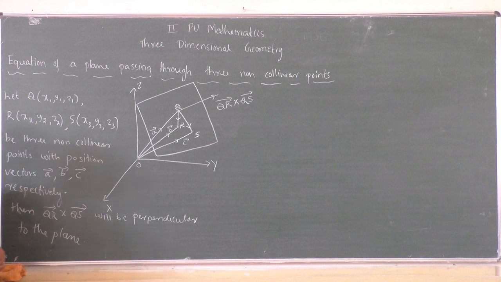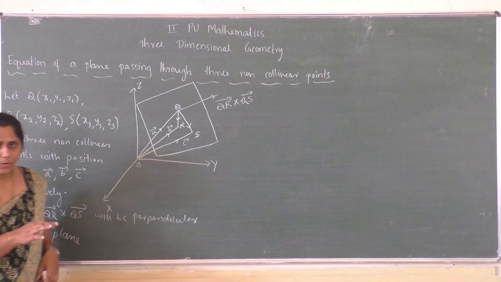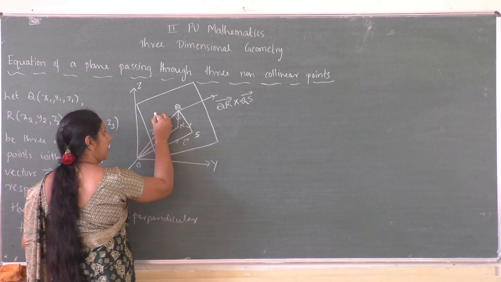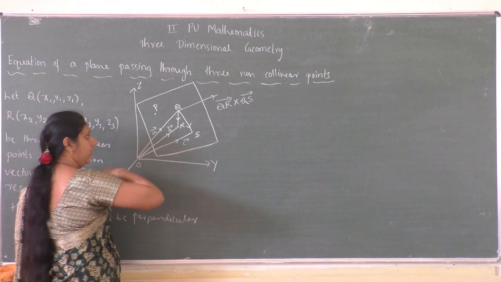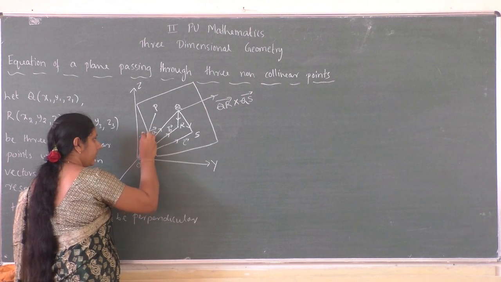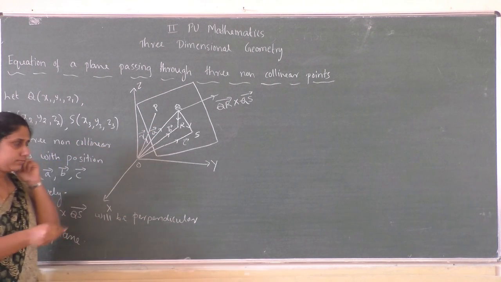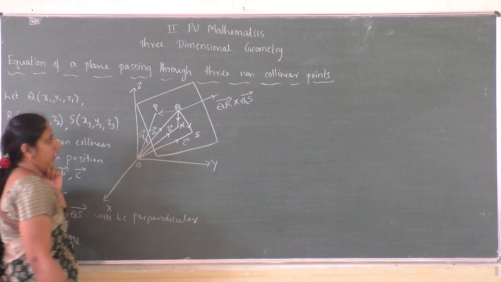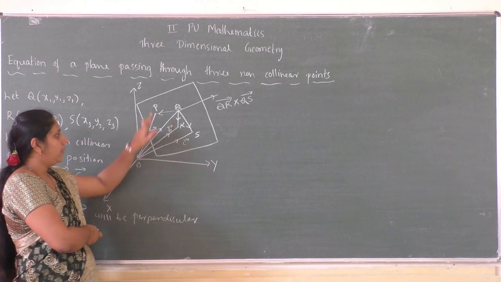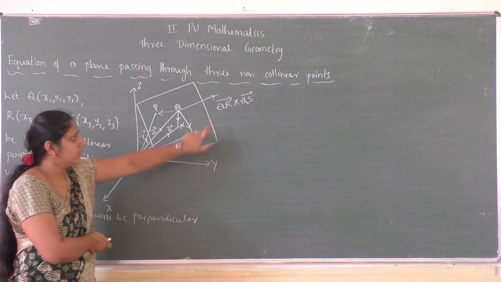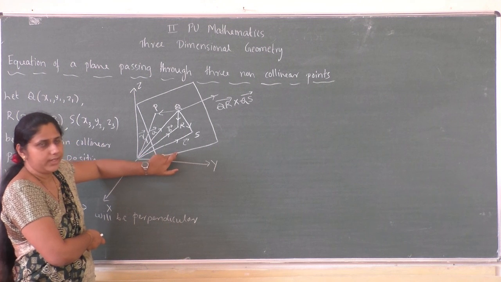Now I will consider an arbitrary point P on the plane whose position vector is R vector. Then I will join QP. Now see, since P is a point on the plane, the vector QP must lie on the given plane, right?